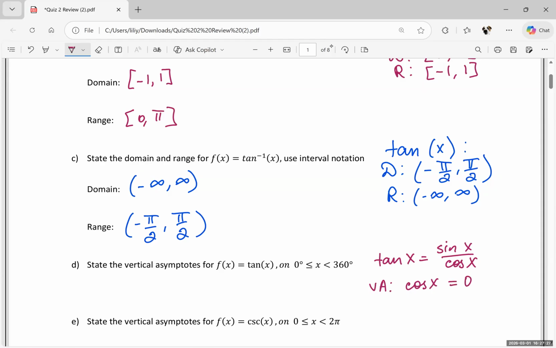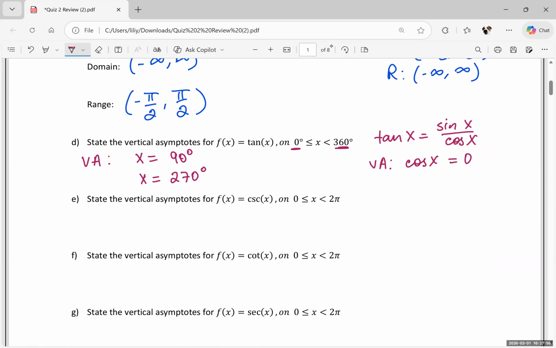And then from the unit circle, you need to figure out where the values of x are 0 on the unit circle. And then you will figure out that the vertical asymptotes for the tangent function happen at x equals 90 degrees and x equals 270 degrees. We're in degrees because these values were given in degrees.